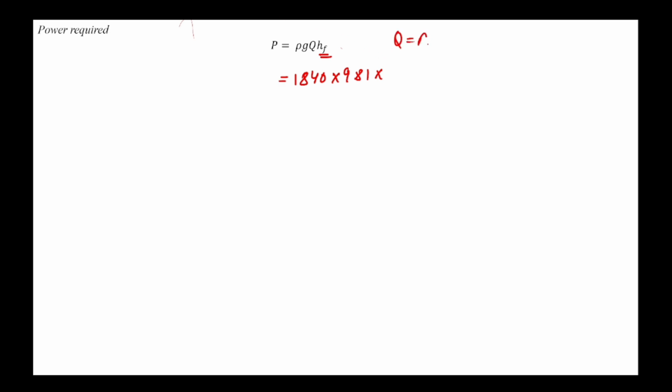We can calculate in any of the sections, either in suction or in discharge. The Q will be the same, 0.004 into 30.7, that is the pump head. Okay, so it will give 2.2 kilowatt. Okay, so this is the answer.